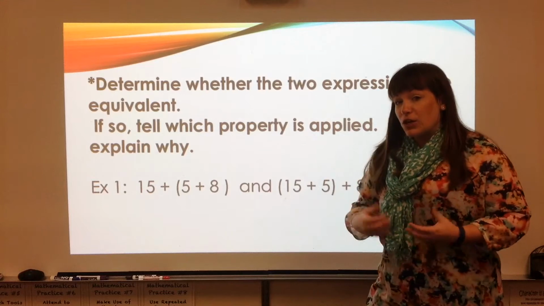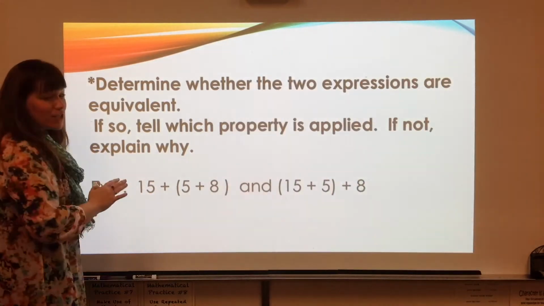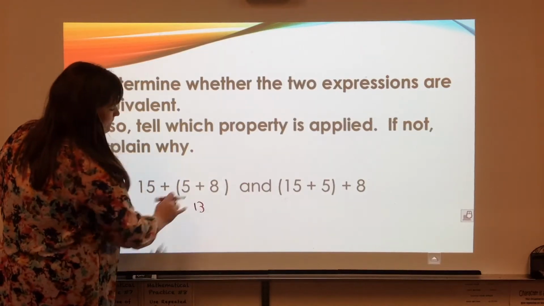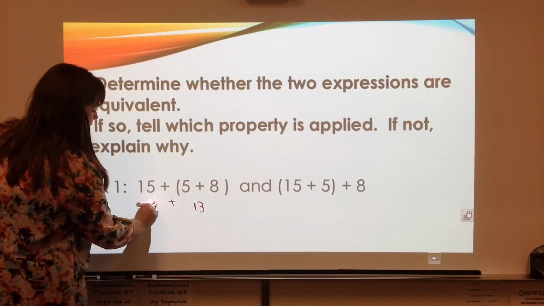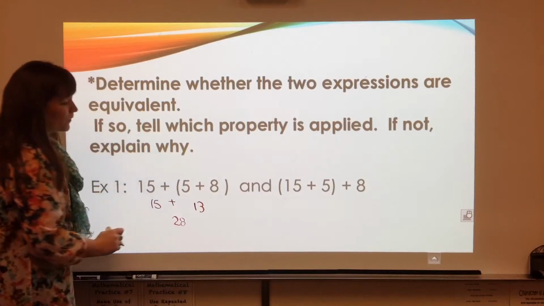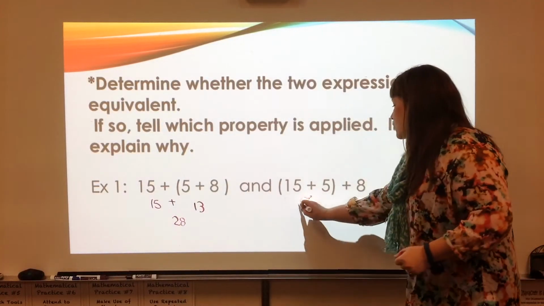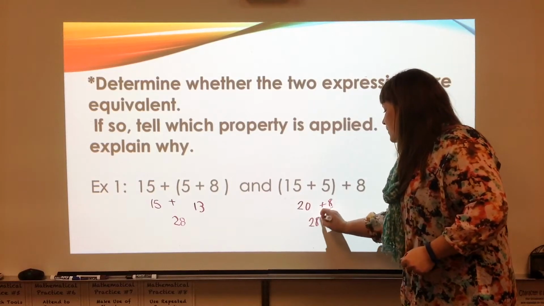I could also do the math to find out if they are the same. Let's do the math to see if they're the same. If I add 5 and 8, that's 13. And when I add 15, that's 28. Let's add 15 and 5, that's easy, 20. And then I add an 8, which is 28.